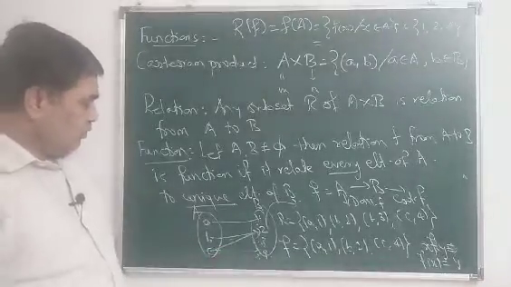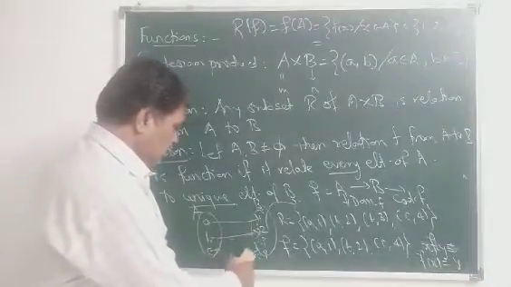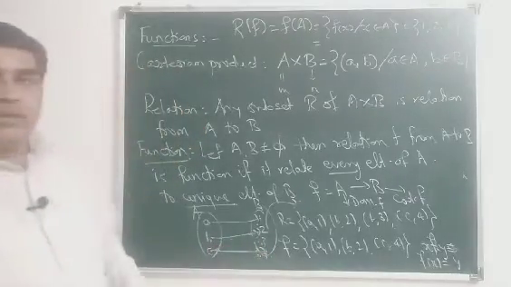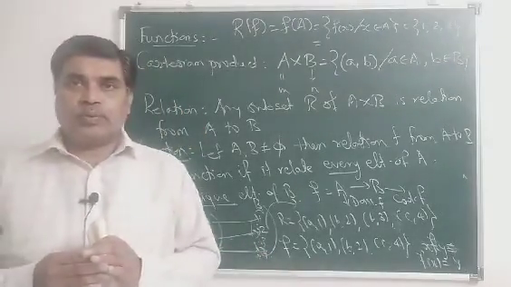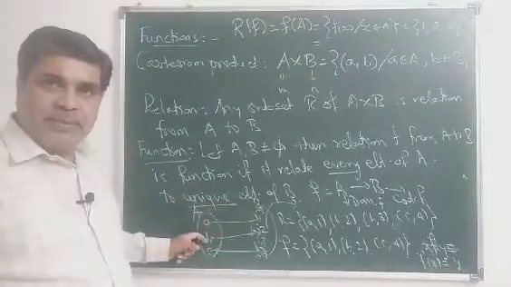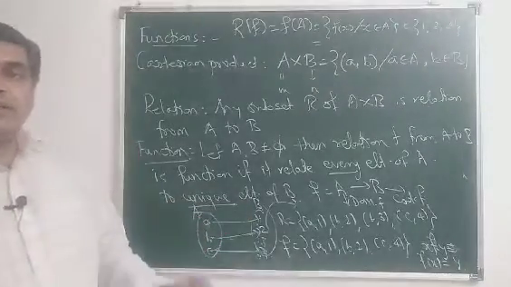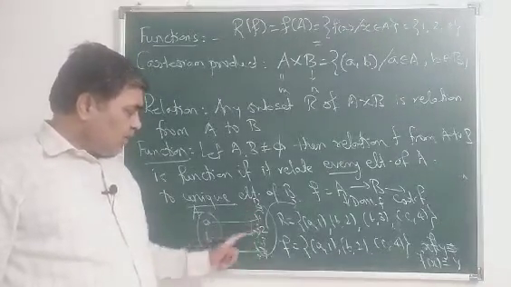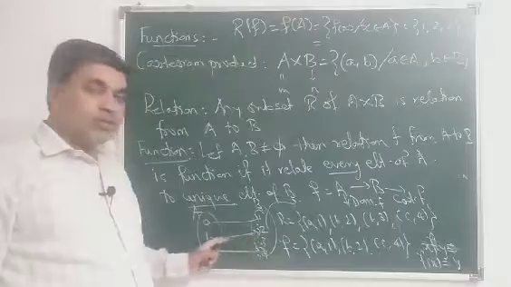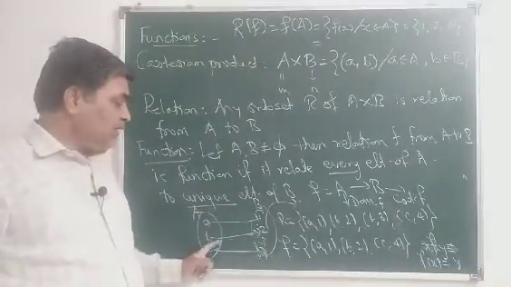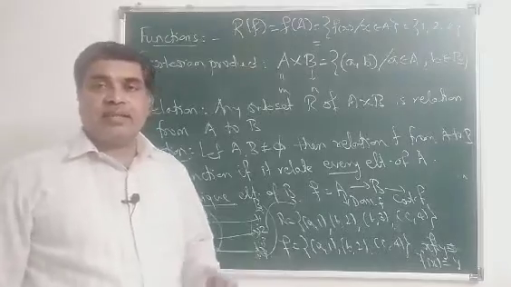Onto. A function is said to be onto if every element in B has some preimage in A under that function f. Now here, for this function, 3 has no preimage. So there is no element in A which is related to 3 by that f.